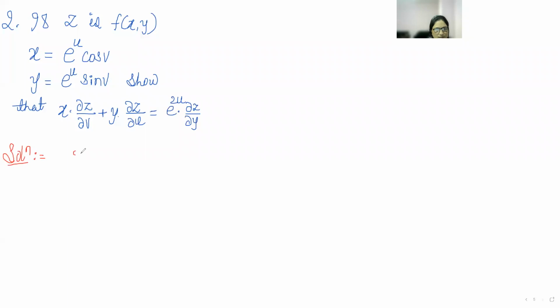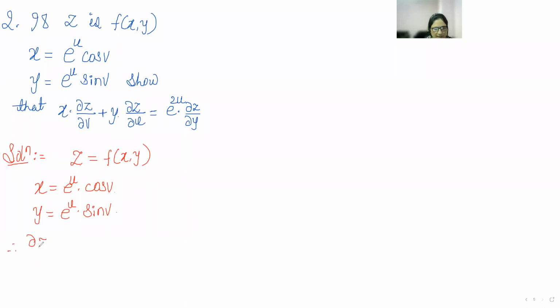Given z is equal to f of x, y, where x is equal to e raised to u into cos v, y is equal to e raised to u into sin v. Then we are taking the derivative of z with respect to v, and the derivative of z with respect to u.